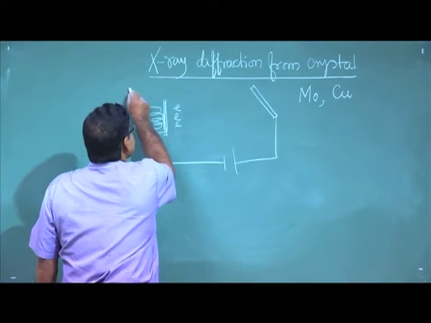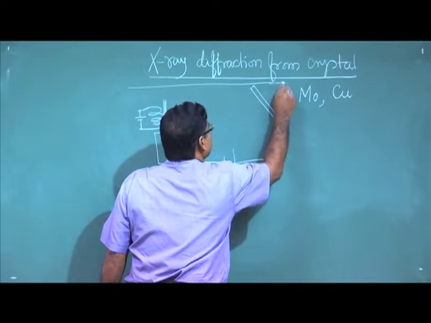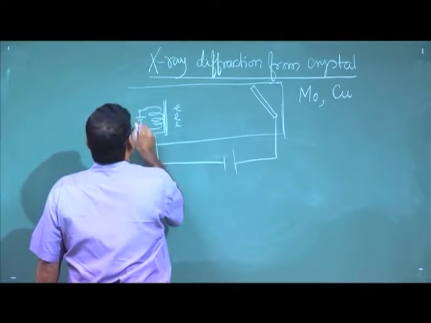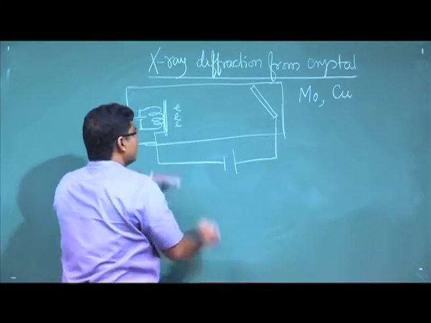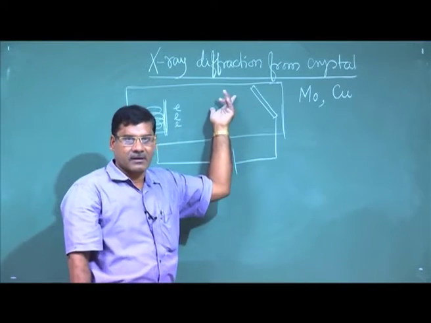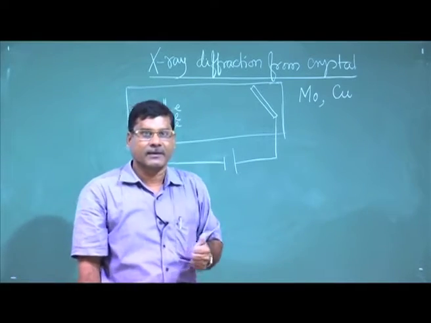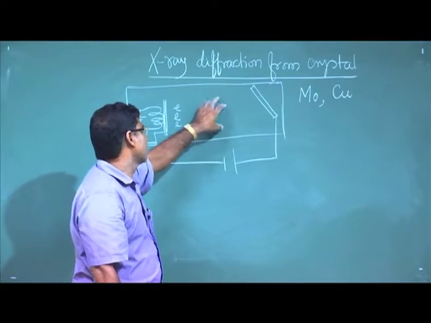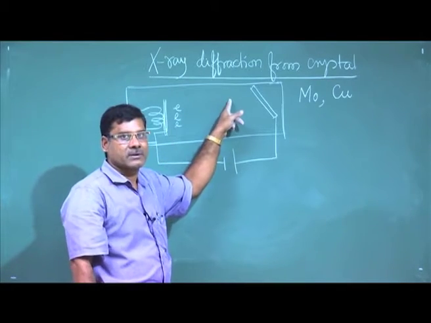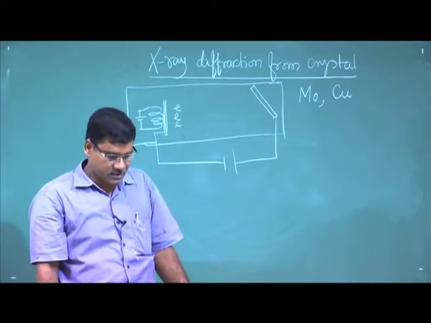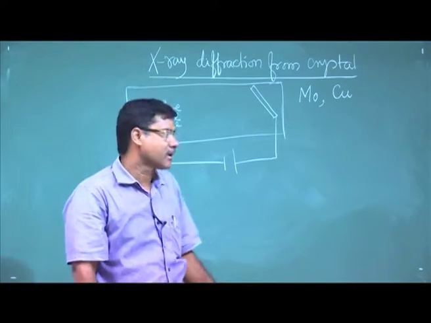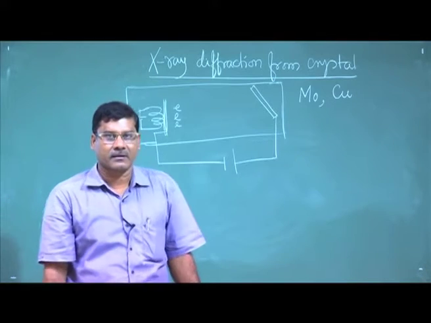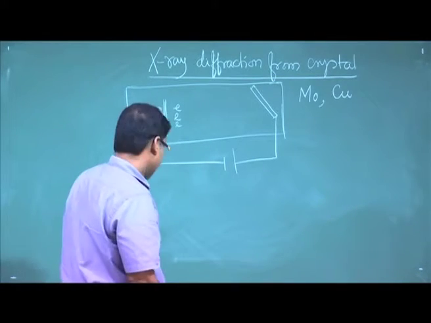So, this whole system is kept in a tube, and this tube is under vacuum, okay. Because if air is there, the electron will collide with air molecules, so it will be scattered in different directions. So, that we do not want, so it should accelerate and directly hit our target anode material, okay.